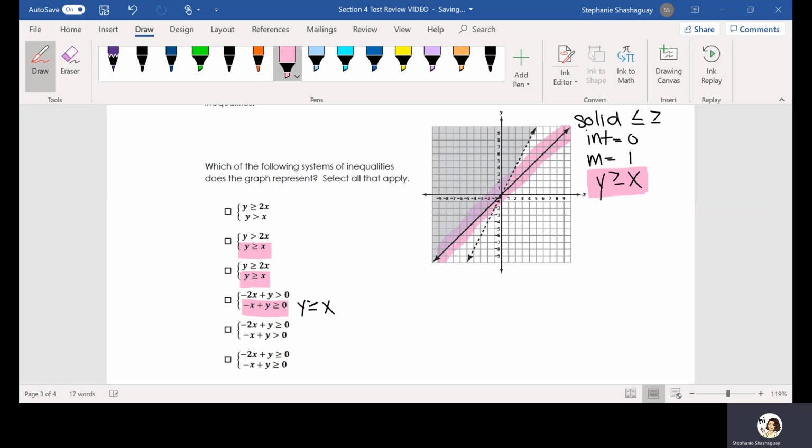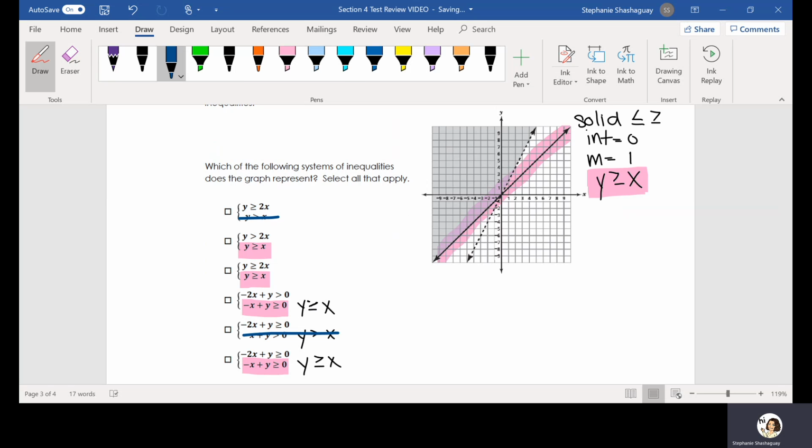So that is also a solution. And this bottom one would be y is greater than or equal to x as well. Okay. So those three match because this one says y is greater than x. So that one does not work. Cross that one out and cross that one out.